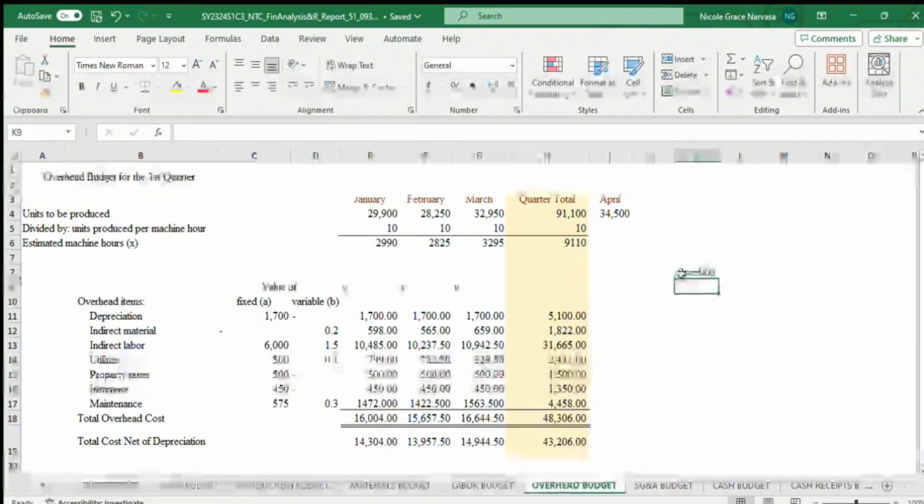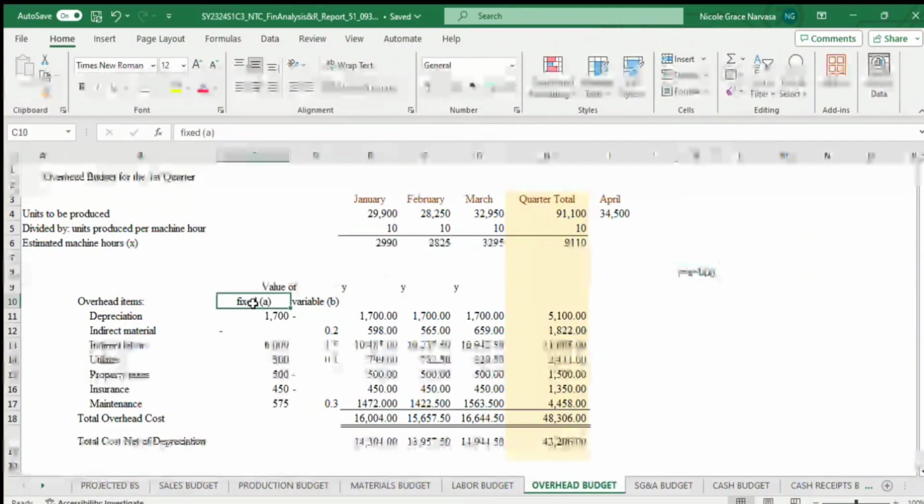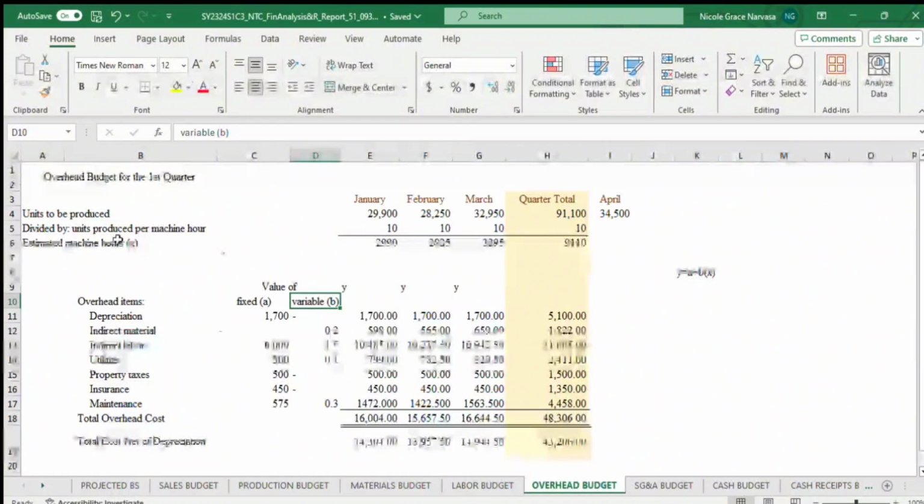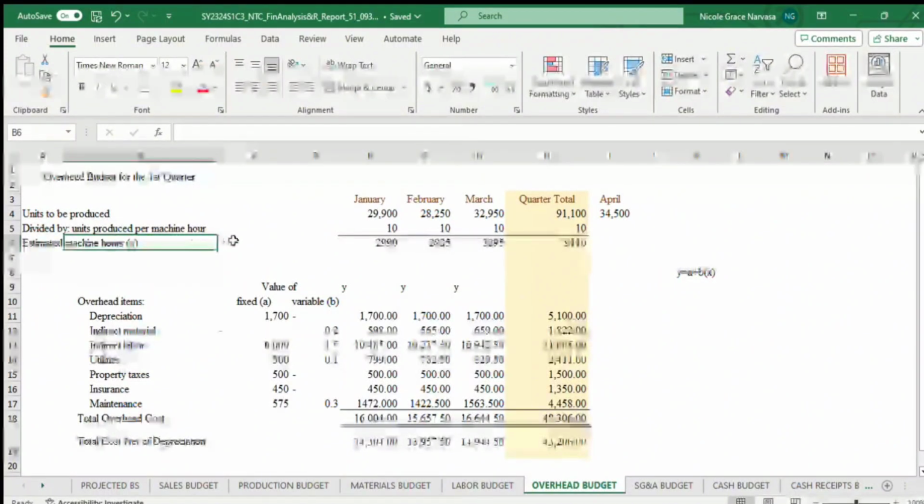So this is our formula to get this. Y is your mixed cost, A equals fixed, B equals variable cost, and X is the estimated machine hours. So still, we will use again the units to be produced from the production budget.